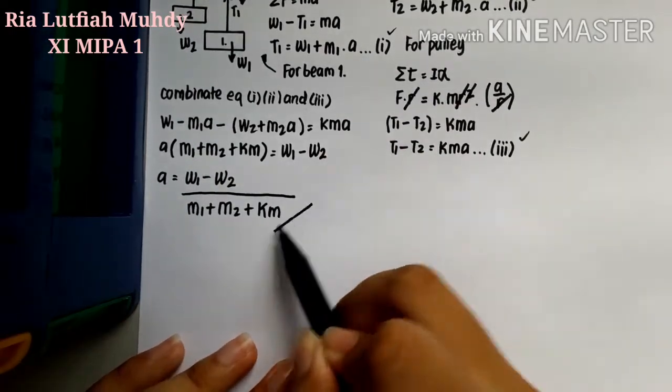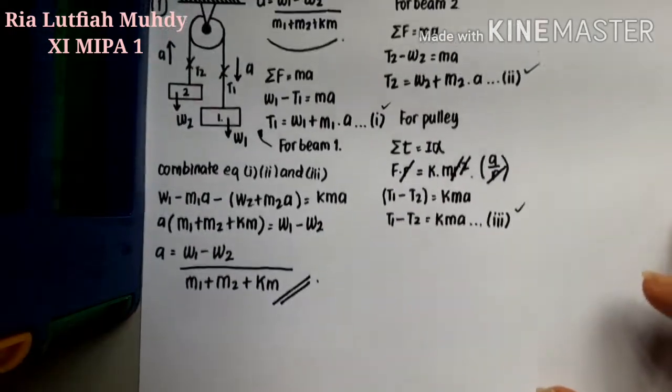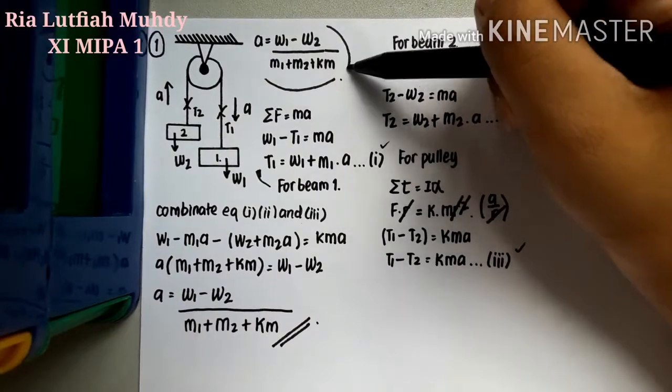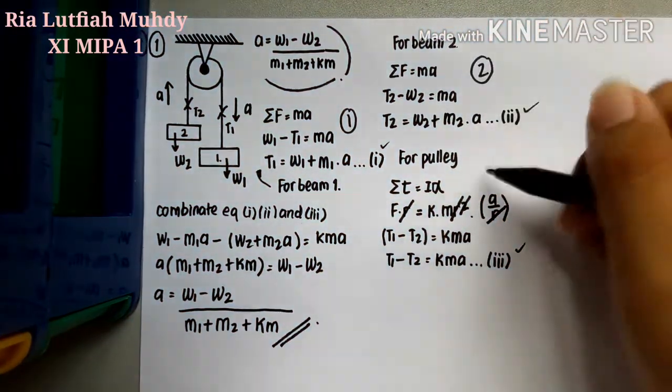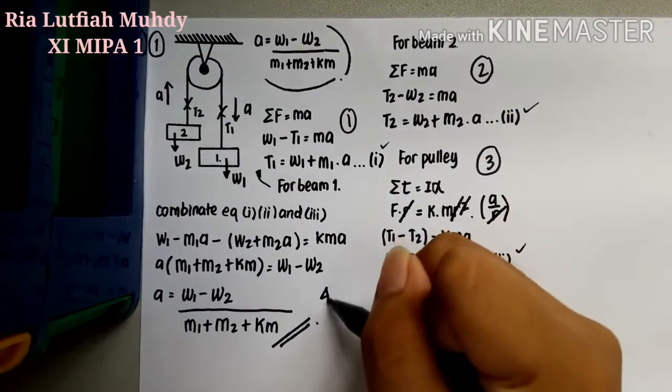So this is the step how I get this formula: the first step is this one, second step, third step, and fourth step.